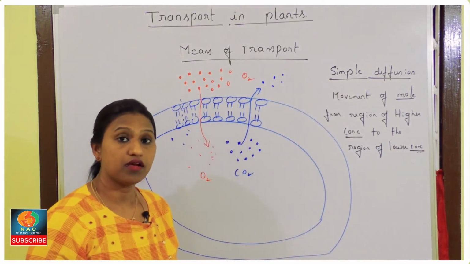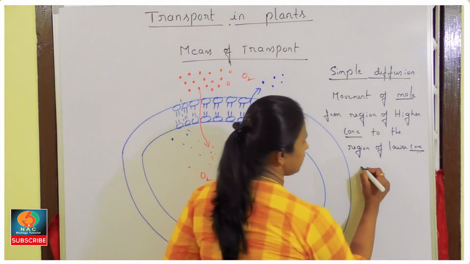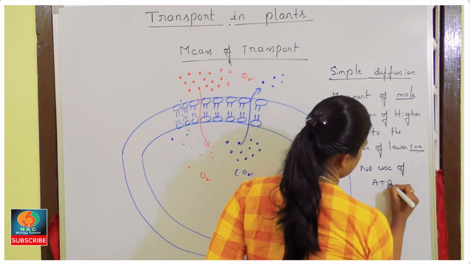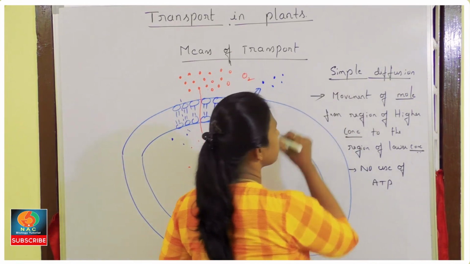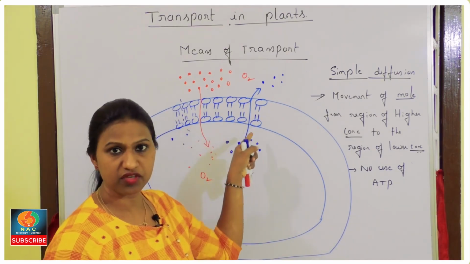Here no energy expenditure is taking place. That means no use of ATP. So this is one point you have to remember. Here, nobody is mediating for the movement of the molecules.